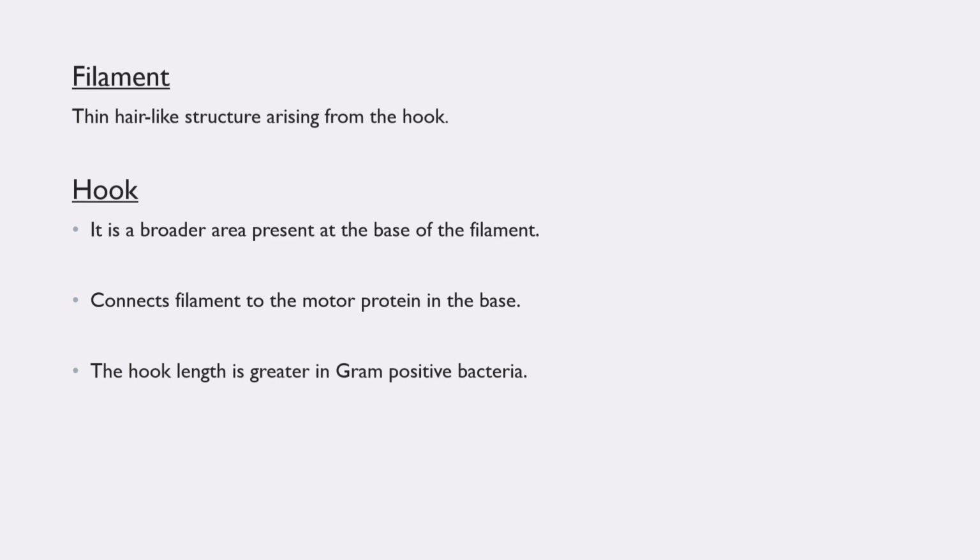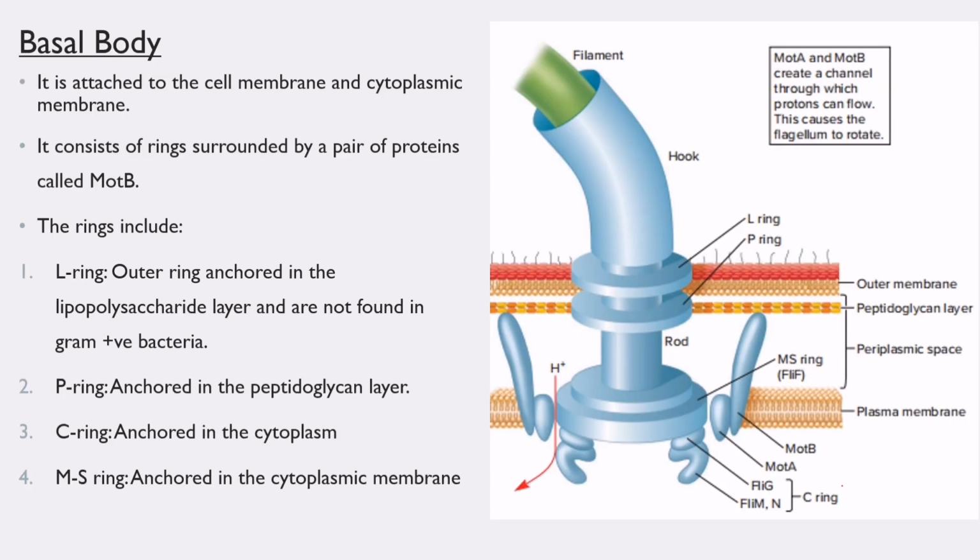There is a difference in gram-positive and gram-negative bacteria: in gram-positive bacteria the length of the hook is more. You will know the reason in the next slides. The last part of the flagellum is the basal body, which contains rod and ring structures. So this is the picture for a gram-negative cell wall.